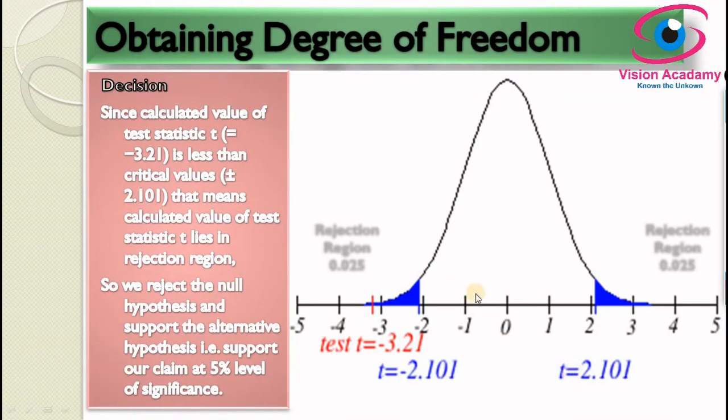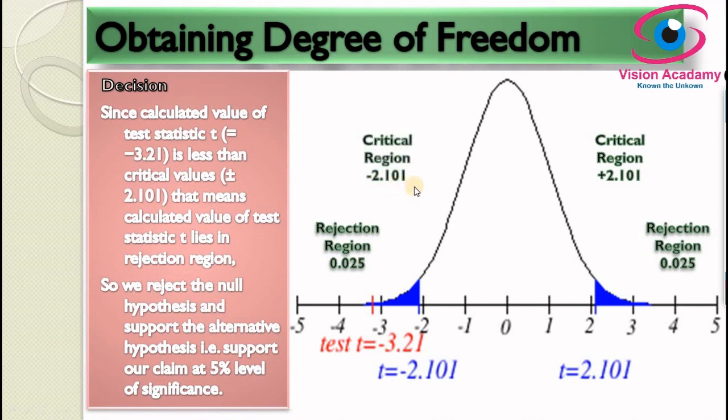Since it is a two-tailed test, the rejection region falls on both sides of the sampling distribution. So here, as I keep on saying, in this rejection region our alpha is 0.05, which is divided by 2, 0.025 from the right side and 0.025 from the left side, and the critical value we just obtained from the table is plus 2.101 on the right side and minus 2.101 on the left side.